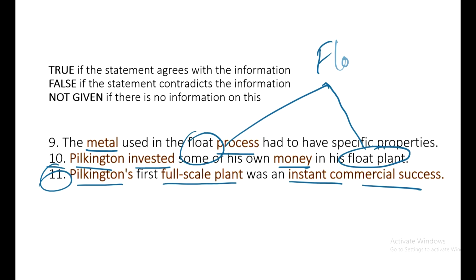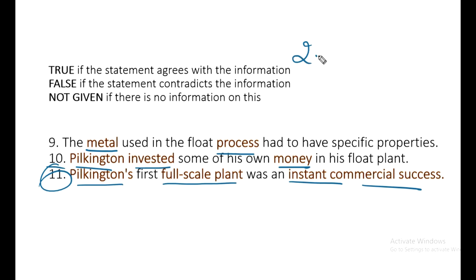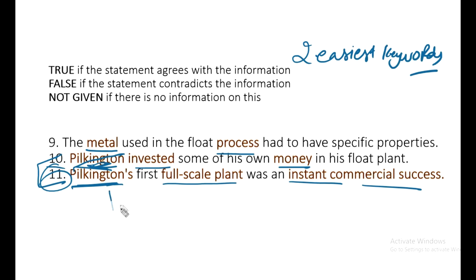Now the second thing we are going to do is to find the easiest keyword. Now you can see Pilkington, and here Pilkington's are the easiest keywords because we love proper nouns.